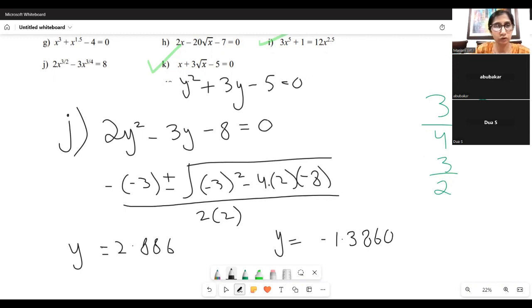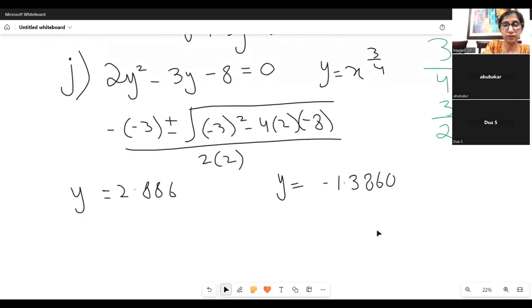Okay. Y has to be replaced with, क्या था हमारा y? Y was x power 3 by 4, the smaller power. So let's do that. That's a good question to ask. So now y is actually x power 3 by 4.